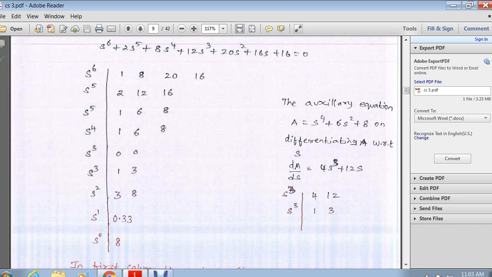From this we have the s cube row with 4 and 12. Dividing by 4, this becomes 1 and 3.